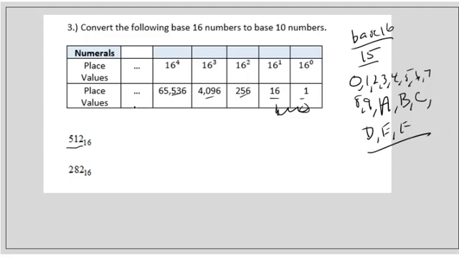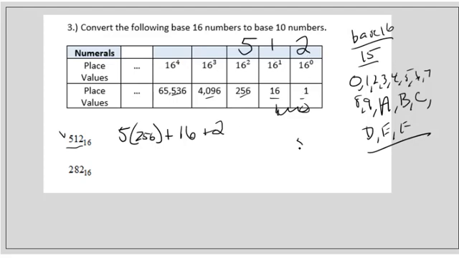So now I'm going to drop these in. 5, 1, 2, base 16. So I have 5 of these, which is 5 times 256, plus 1 of these, which is 16, plus 2 of these, which is 2.